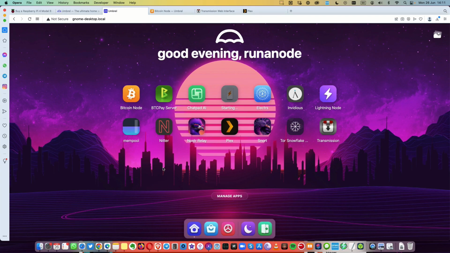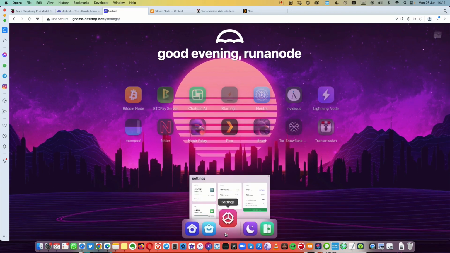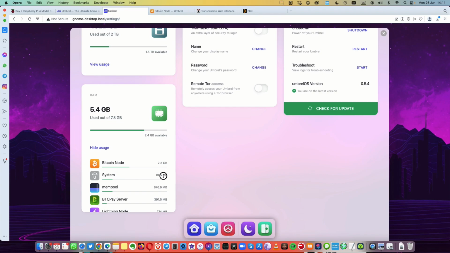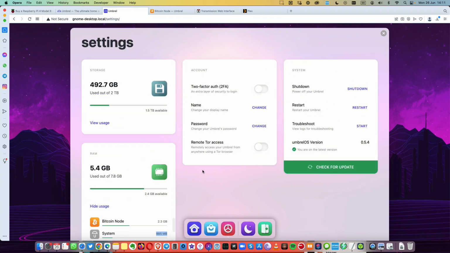Already now, if I show you, the RAM usage is already 5 GB, with the newly updated Umbrel OS 0.5.4 it's already almost 1 GB, and I haven't set up other things, so you can imagine that it goes fast to over 4 GB total, and I'm still syncing the node, but that's why it's taking so much RAM.